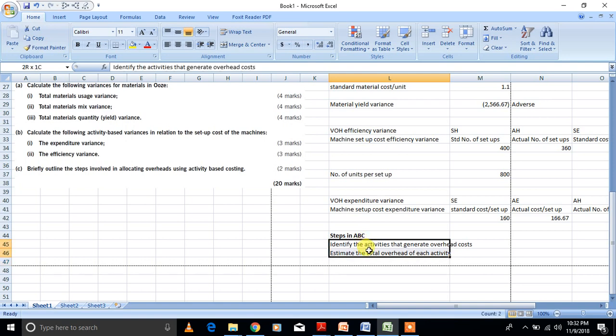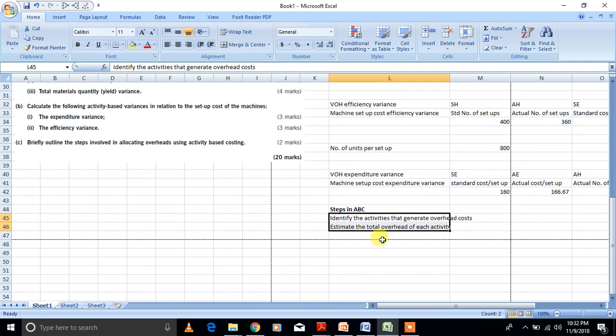Sometimes you can bundle these 2 steps together and say one step: identify the activities and the total overhead of each of them. Then the next step has to be identify the factors that drive the overhead of each activity, which is actually the cost driver.